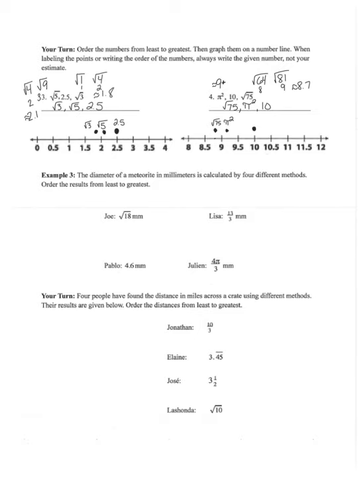So let's start by simplifying those that we can. I'm going to start with Lisa because I know that 13/3 can be simplified to 4 1/3. And I know that as a decimal is 4.3 repeating. So there I have Lisa's already in decimal form.